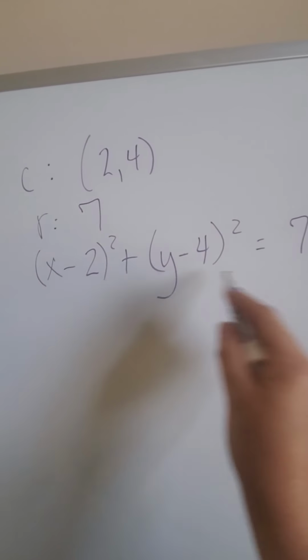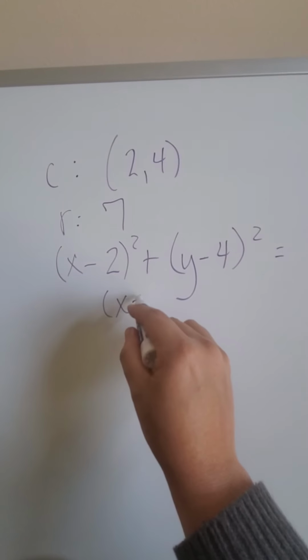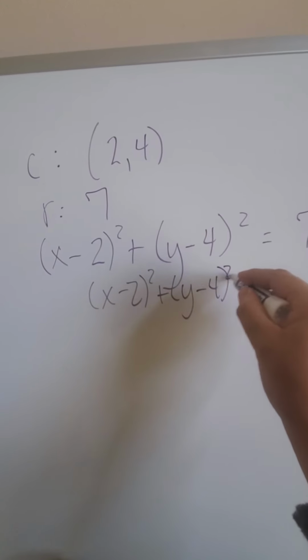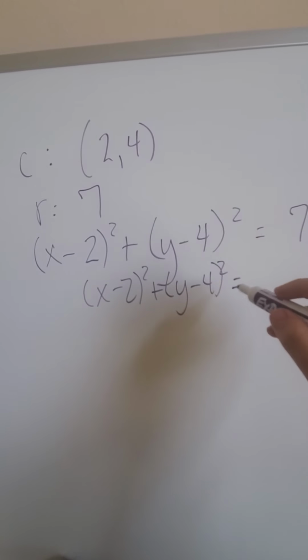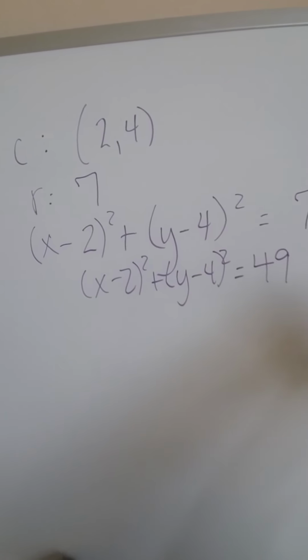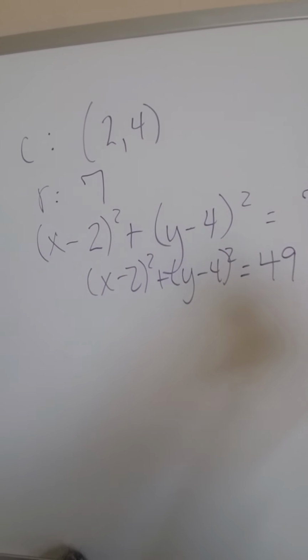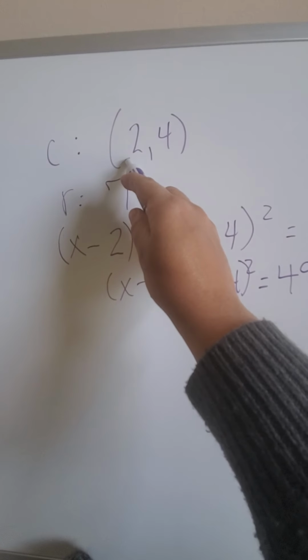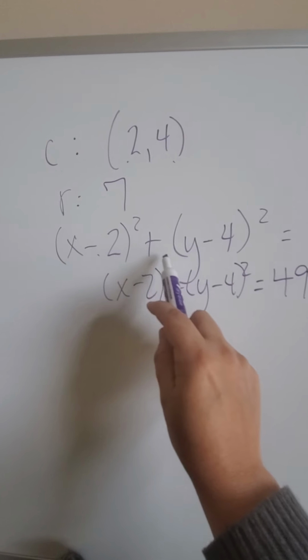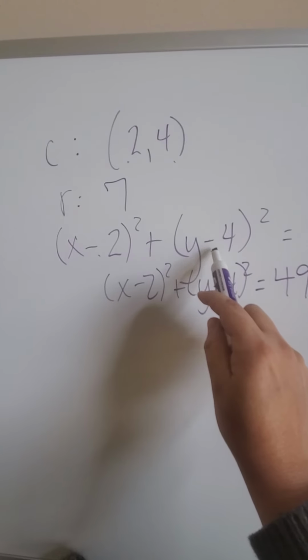Now, this I can't simplify any further. x minus 2 squared plus y minus 4 squared equals, 7 squared is 49. So that would be in simplest form, right? Now notice my center is positive, isn't it? 2, 4 is positive, but in my equation it's minus, okay? So it's always going to be the opposite sign.